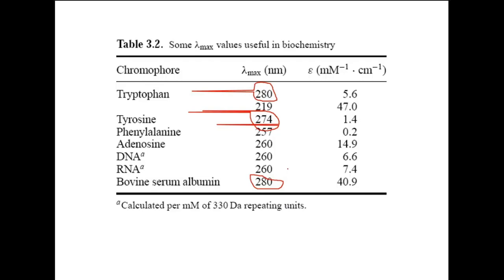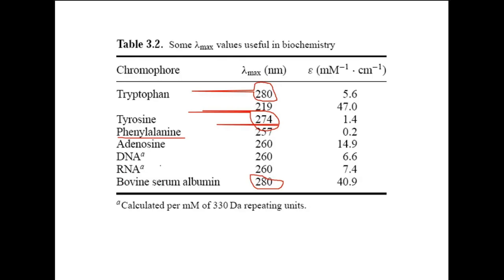Remember, tryptophan, tyrosine, and phenylalanine are all aromatic amino acids with a benzene ring, but all three have different lambda max, because their structures are different. So the structure influences the absorption of a specific wavelength of light.